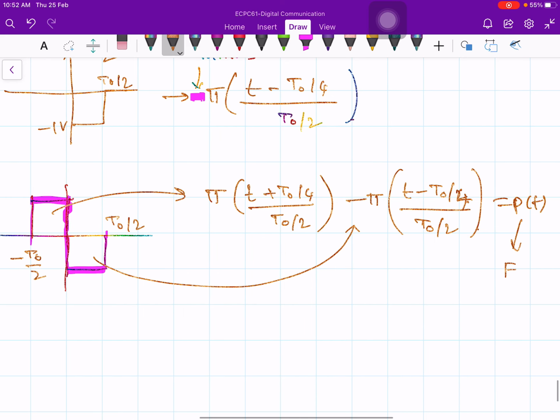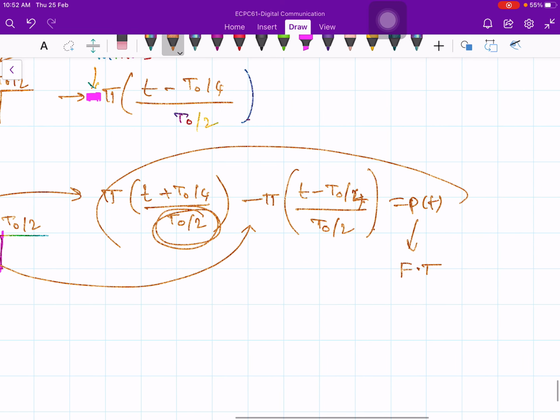Now you take the Fourier transform. The denominator indicates the width of the rectangular pulse. So once I have this p of t, we can compute P of omega without any problems. Now what will be P of omega?